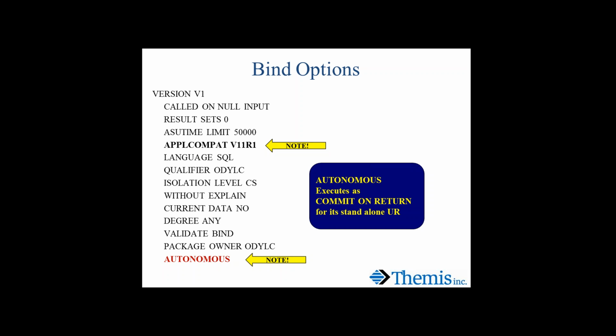It is its own standalone unit of recovery. So that commit does not affect the updates or inserts or deletes that the caller was processing. It is not part of the caller's unit of recovery. And if you don't hard code the commit inside the native SQL procedure, there is an implied one on return.